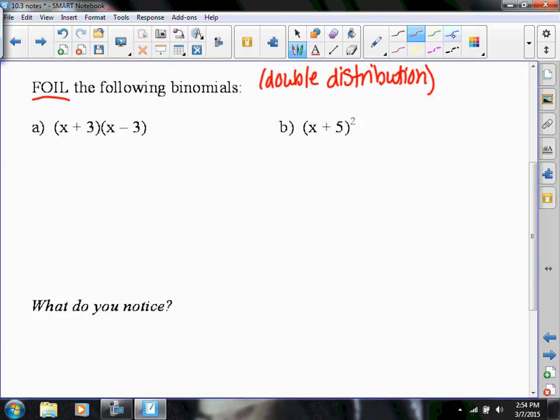And we can use any of our multiplication methods that we want. We could use the horizontal method, which is very similar to distribution, so that tends to be the one that's preferred. We could use our vertical, we could use our lattice or our box. But I think it's easiest just to demonstrate with the horizontal multiplication method.